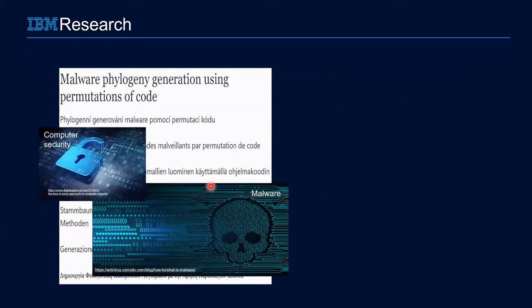And it also turned out, surprisingly, that it could be used in computer security, in malware phylogeny, in malware detection. So it was very interesting that a problem that we solved in genomics could solve a problem in computer security. In fact, there were some companies formed around this, but I will not get into that.